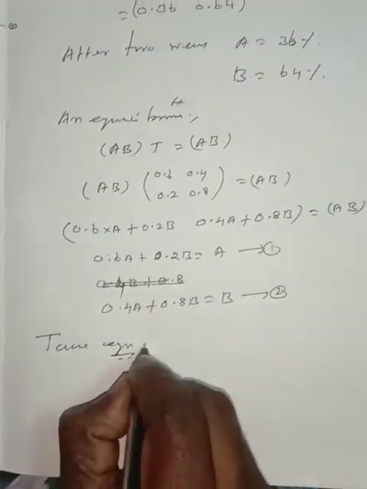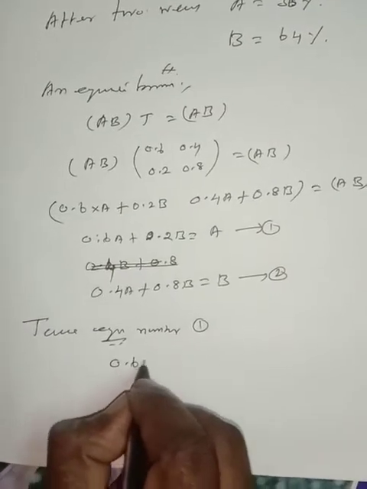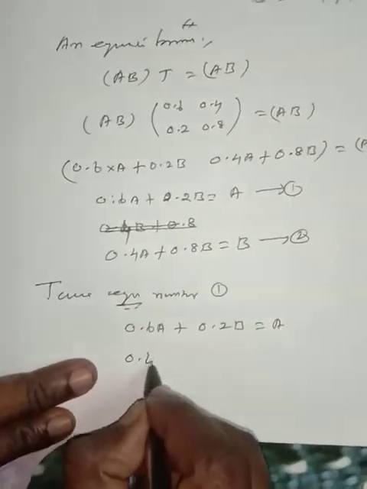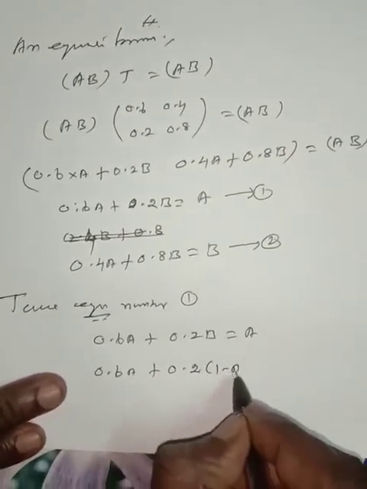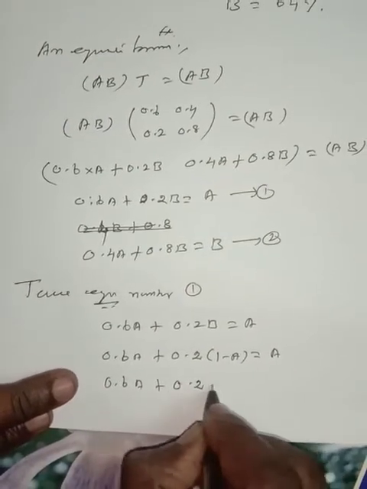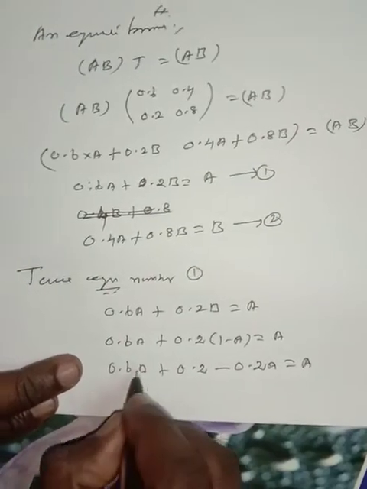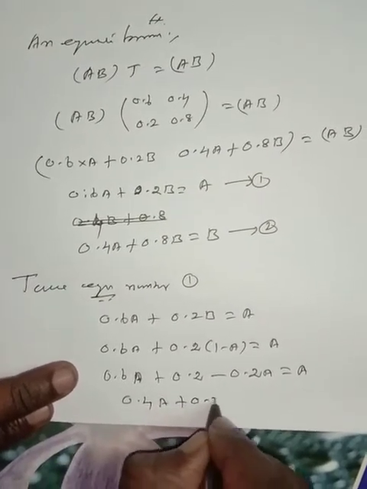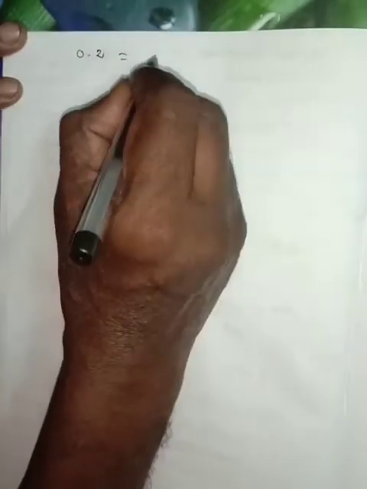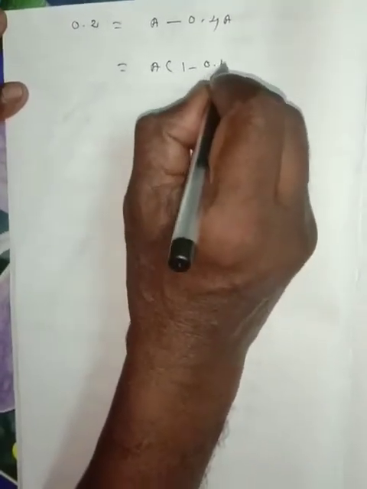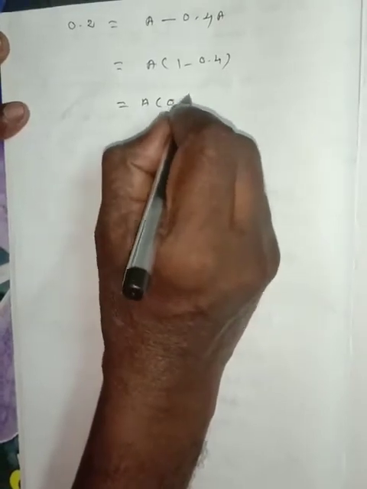Take any one equation. Take equation number 1. We have 0.6 A plus 0.2 B is equal to A, but B is 1 minus A. 0.6 A plus 0.2 into 1 minus A is equal to capital A. 0.6 A plus 0.2 minus 0.2 A is equal to A. Now 0.6 minus 0.2 is 0.4 A plus 0.2 is equal to capital A. So 0.2 is equal to A minus 0.4 A, A common, 1 minus 0.4, A into 0.6.